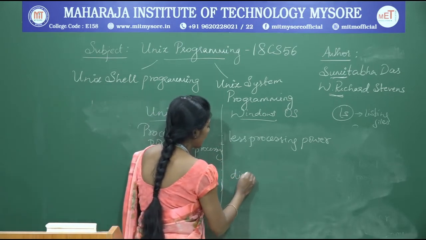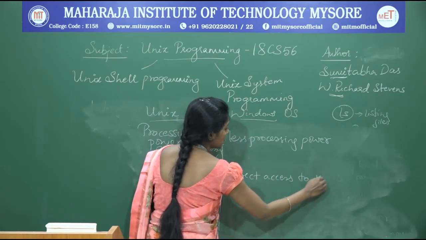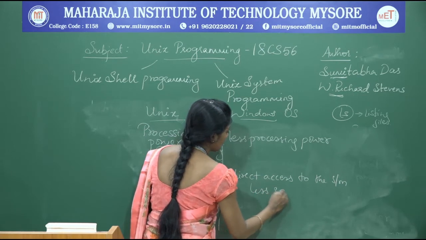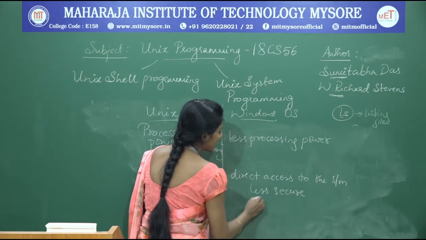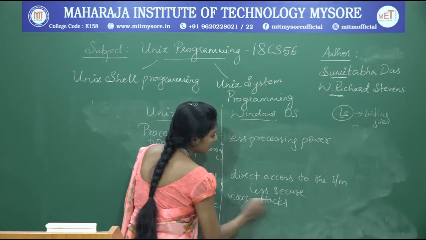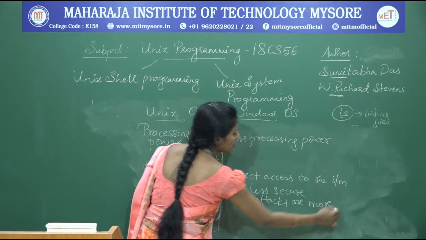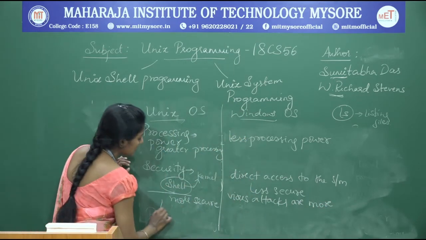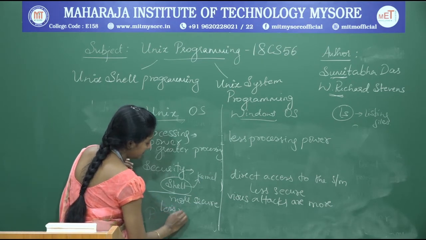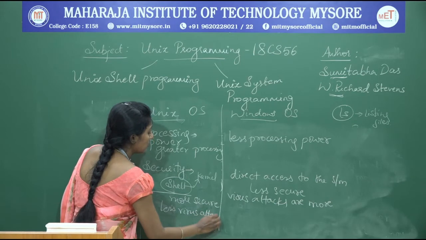whereas here we have a direct access to the system. It is less secure, that is, virus attacks are more in Windows operating system, whereas here there are fewer virus attacks.